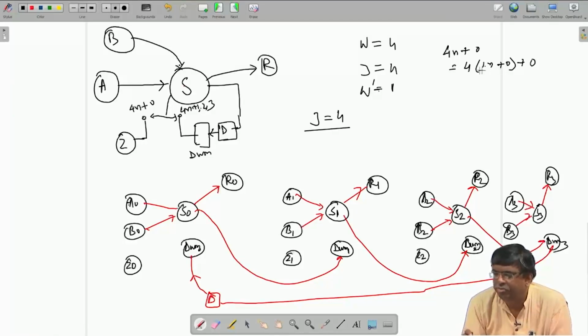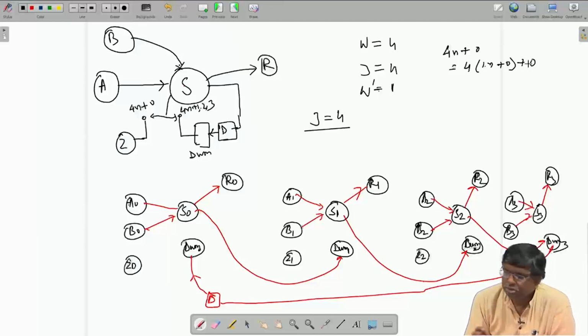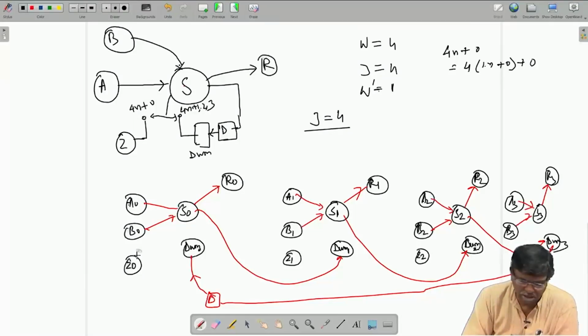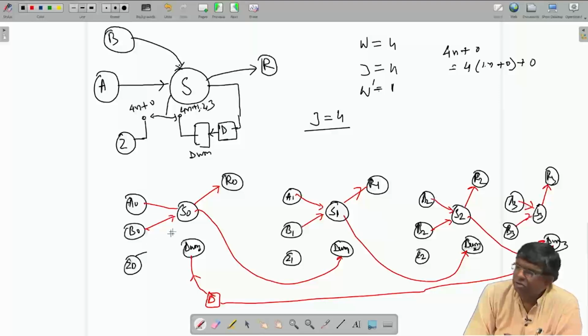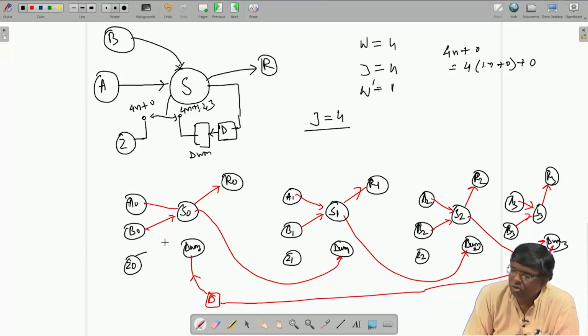So, in the nth digit cycle, who will get connected? 4n plus 0. So, Z0 will get connected to whom? S0. So, this will get connected to S0 in the nth wat cycle, and the nth wat cycle means the whole of the wat cycle, so no switching is required.